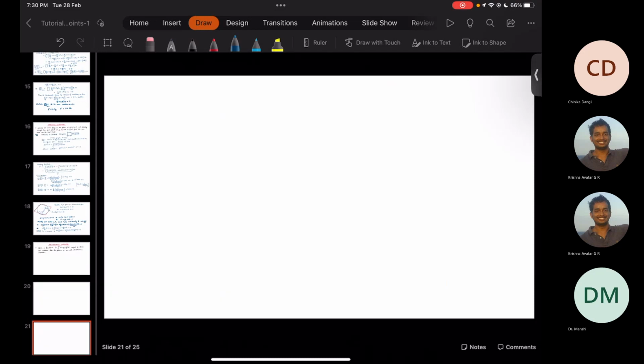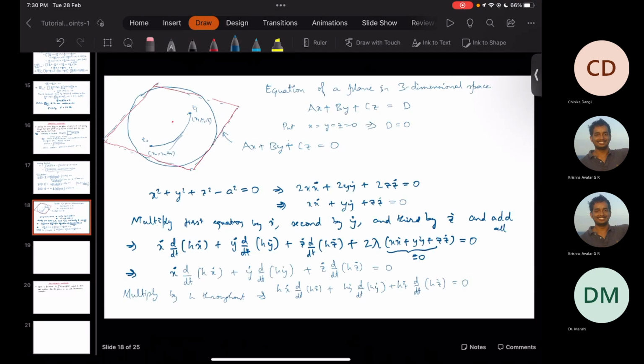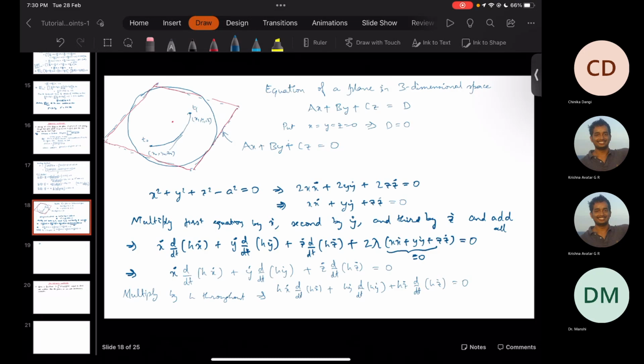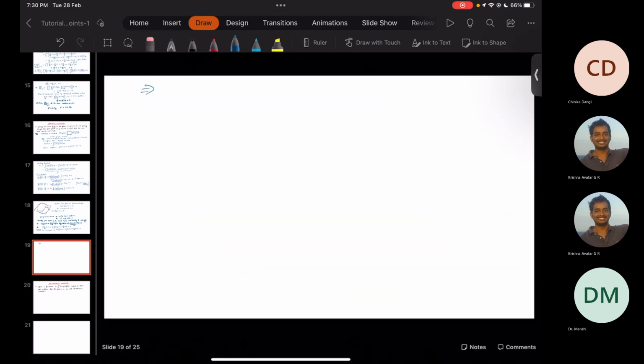And when we take its derivative, we can even write it as d by dt of (h x dot) squared plus (h y dot) squared plus (h z dot) squared is equal to 0.